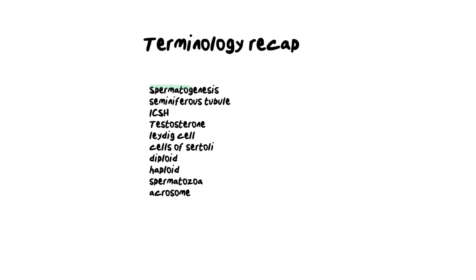So, we looked at spermatogenesis today, which is the generation of sperm cells. And sperm cells are made in the seminiferous tubules inside of the testes. Now, in order to start this whole process, an individual must be going through puberty. And to start, a hormone called ICSH is secreted to the testes.